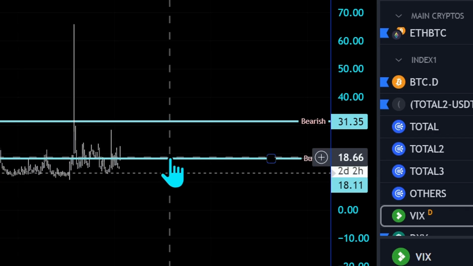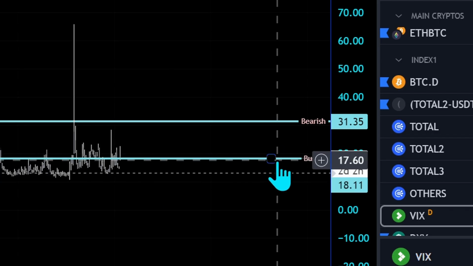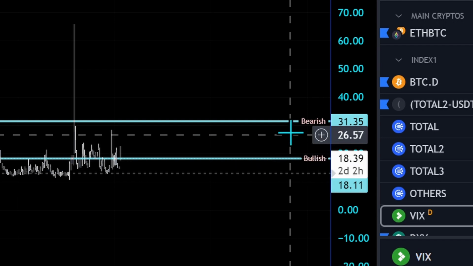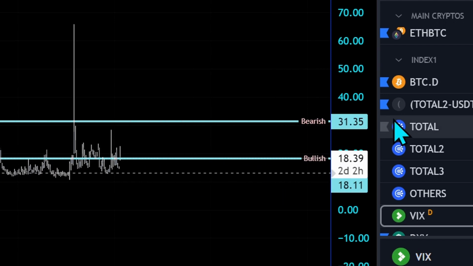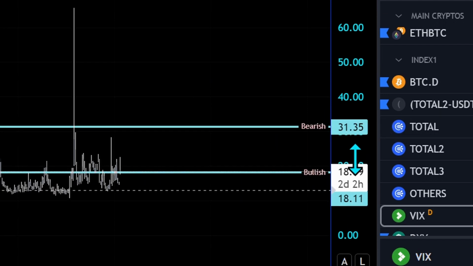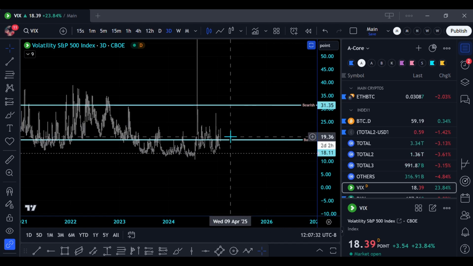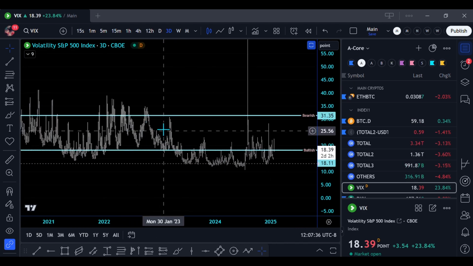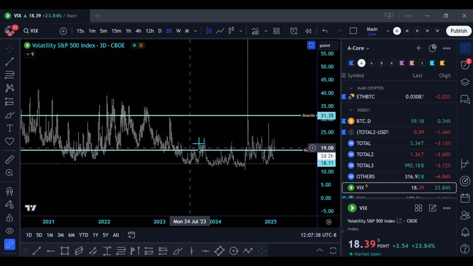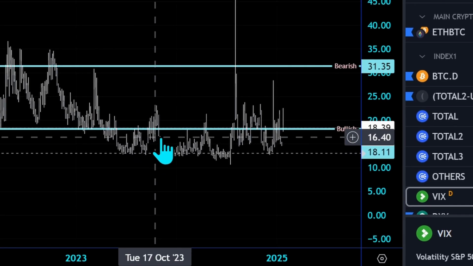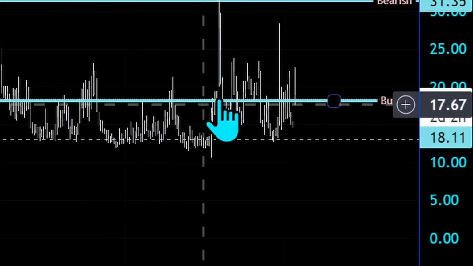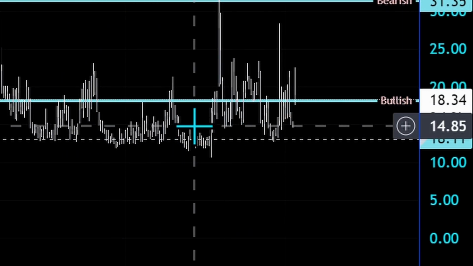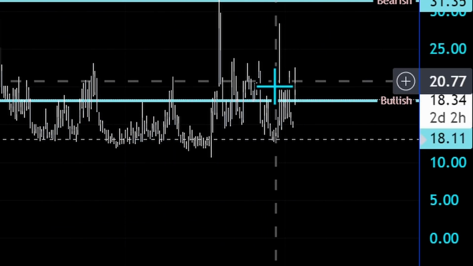For that reason, I've put this line here for bullishness at 18.11 and bearishness at 31.35. How do I use those? Well, when we spend some time in a region like this, and then we make that push past the bullishness, that to me is a signal that investor confidence is becoming more bullish, and that we should see asset prices rise.